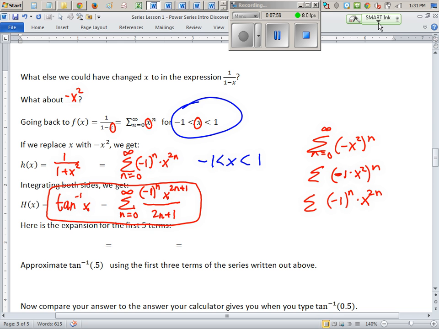Okay, but what this means is that arctan looks like this. X minus... the first 5 terms would look like this. N equals 0 to 4, actually.